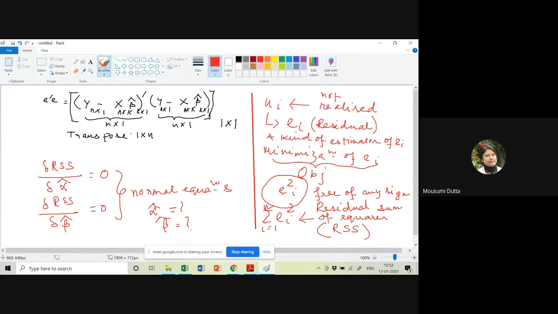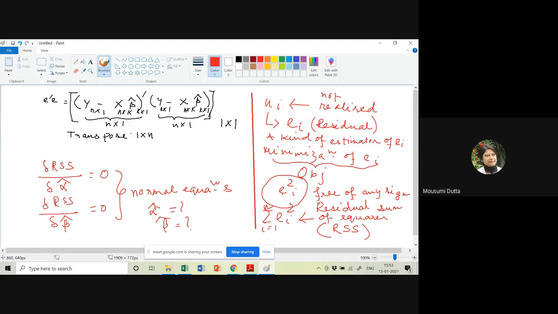So the similar thing I have to do for all k parameters: del RSS by del beta 1 hat, del RSS by del beta 2 hat, extended up to del RSS by del beta k hat, and we will generate k normal equations, and solving these equations simultaneously, we will get the estimated values of the parameters.